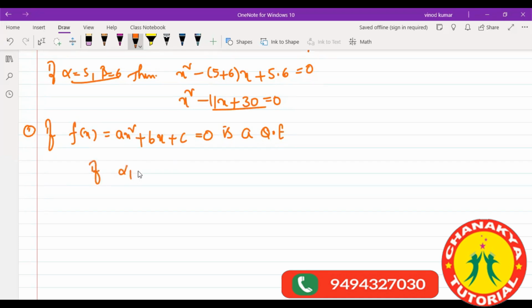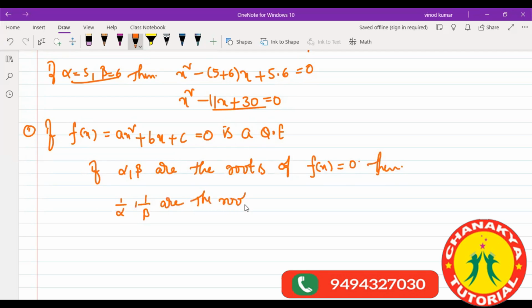If alpha comma beta are the roots of f of x equal to 0, then 1 by alpha comma 1 by beta are the roots of f of 1 by x equal to 0.